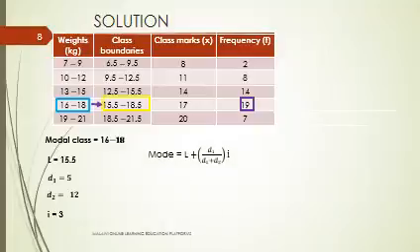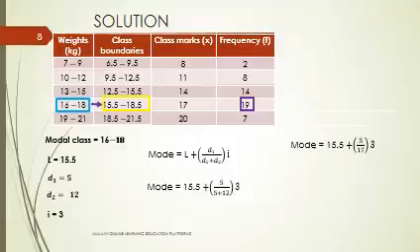So here is our formula. We need just to put our values there. Our L is 15.5, our D1 is 5, our D2 is 12, then our I is 3. Then you continue solving: 5 over 17, since 5 plus 12 is 17.